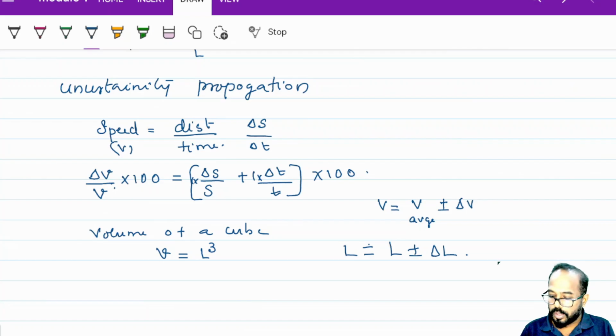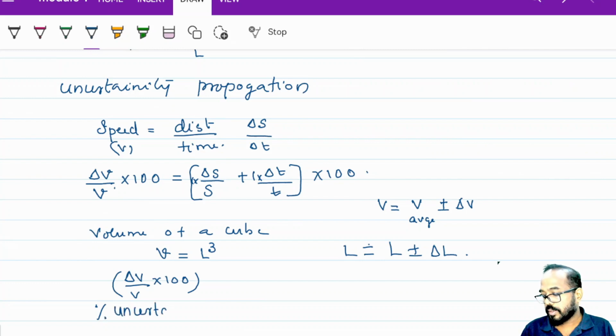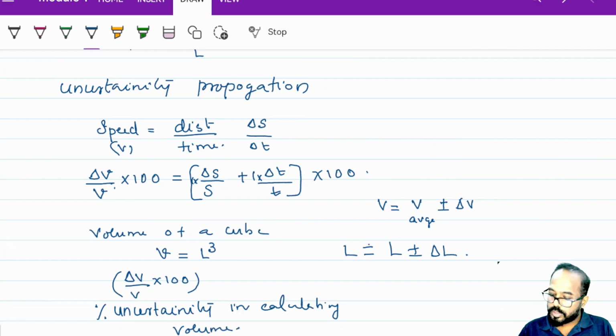How will it propagate? When you write the percentage uncertainty for V, volume, so delta V upon V into 100. So this will be what? Percentage uncertainty in calculating volume. Okay, this will be equal to L cube.